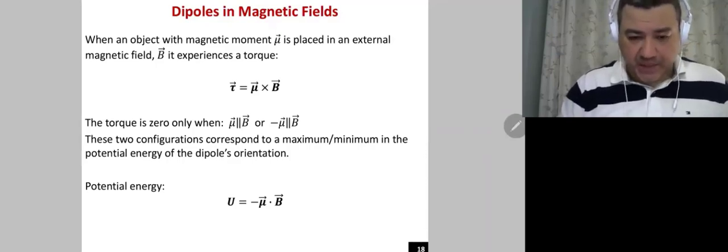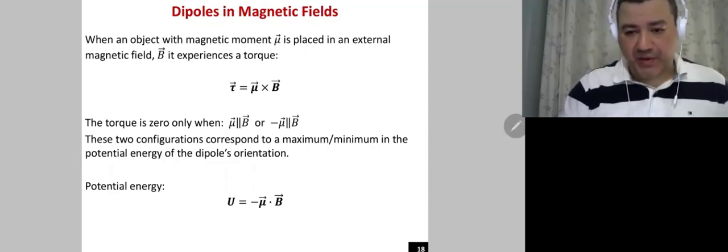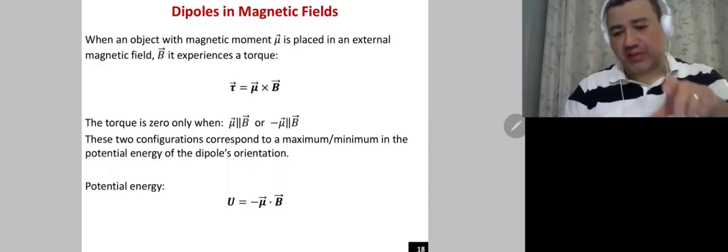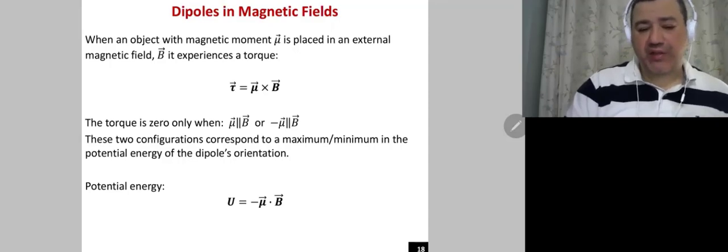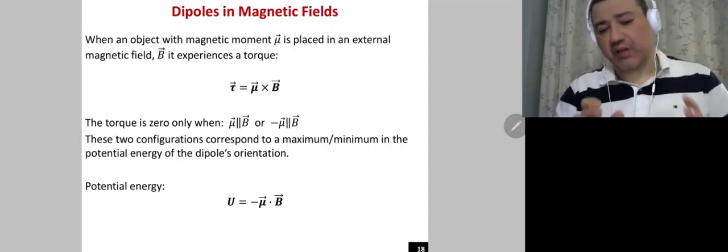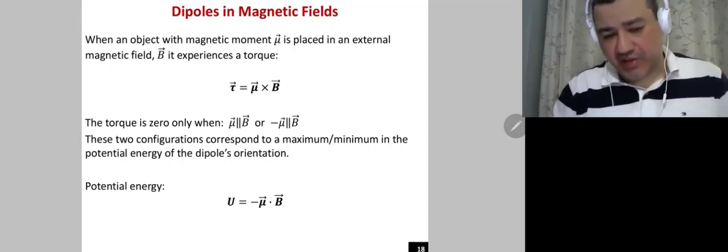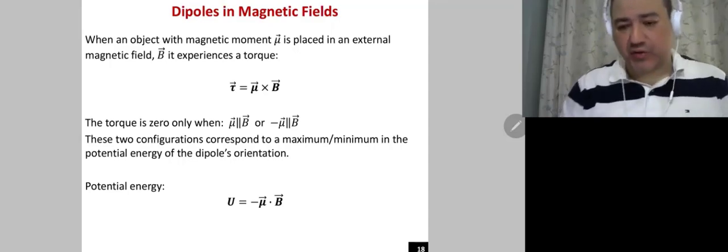In case the magnetic dipole moment is parallel with the magnetic field, we saw that the torque would be zero, and we are going to call that position the lowest potential energy position. Why? Because there is zero torque applied on that loop.